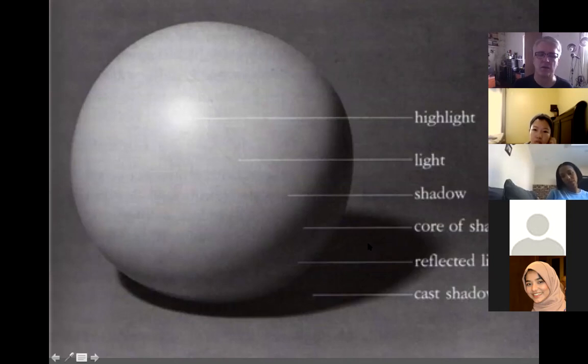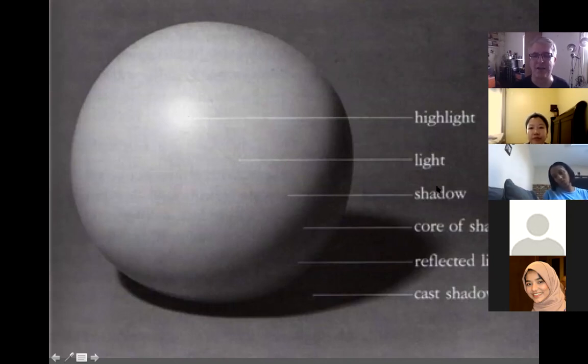So this is an image of a sphere with some of these elements of light and shadow indicated. So highlight, the main lights, the main light side, sometimes called center light. Okay, so I disagree with this. Shadow, that's not the shadow, that's the half tone. It gets to the way these terms are kind of soft technical terms, but actually that's wrong.